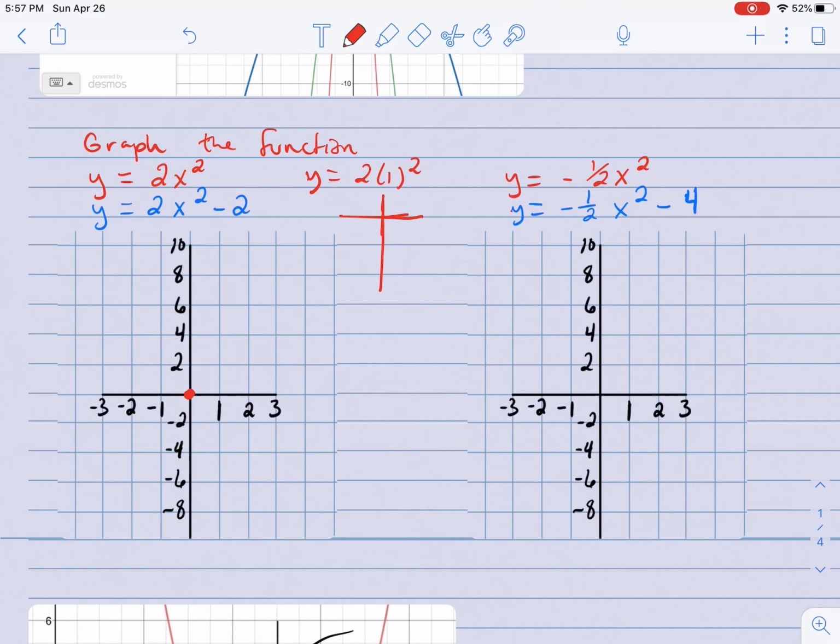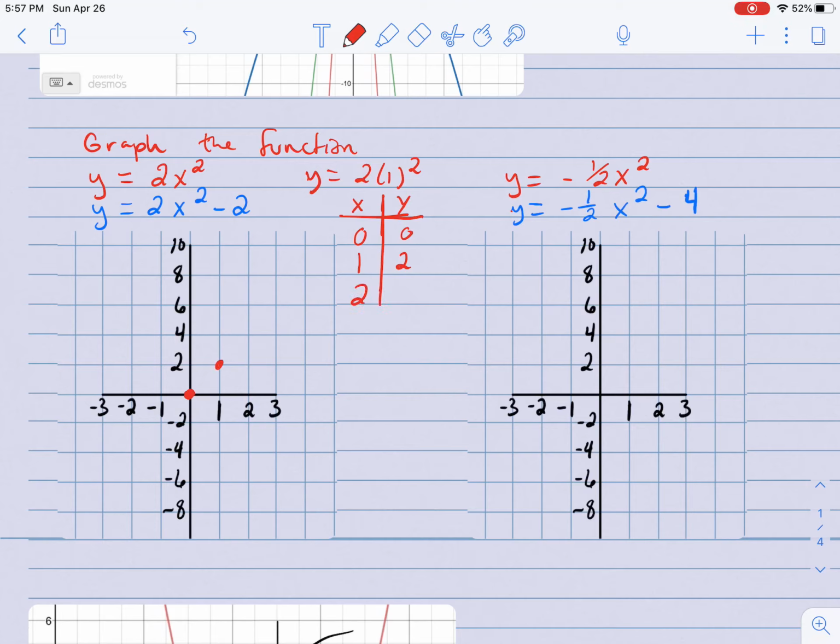So if this is x and this is y, we know that when x is 0, y is 0. When x is 1, y is going to be 2. Okay, so this gives me my next point.